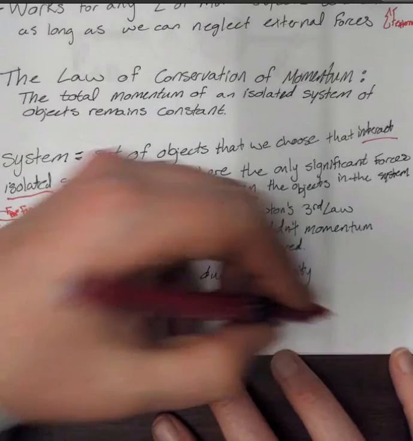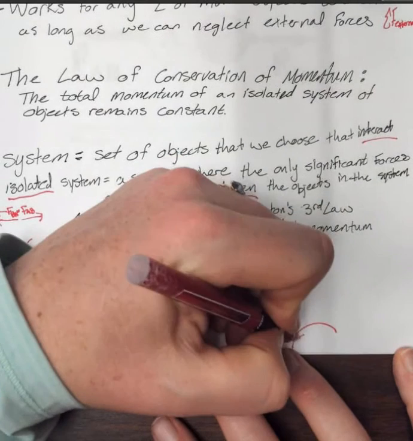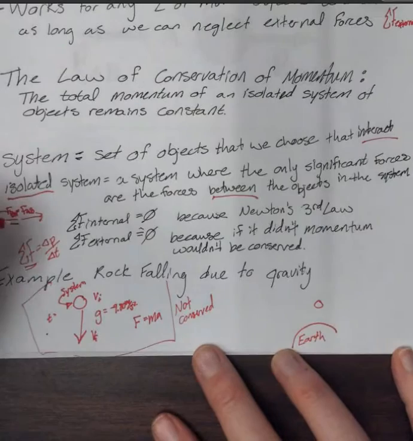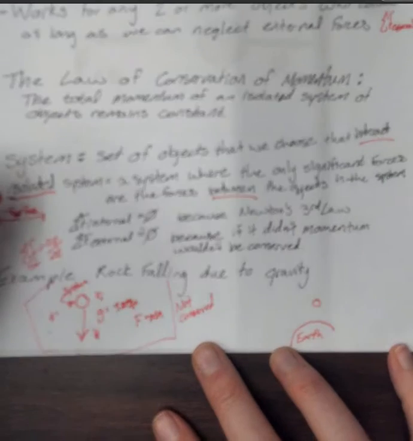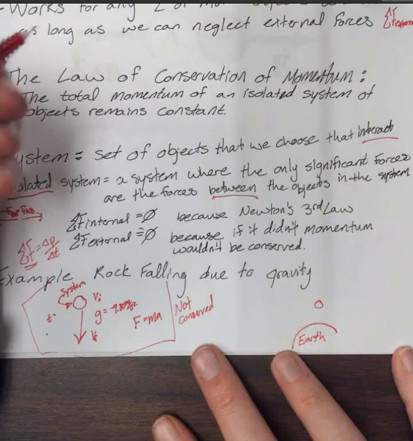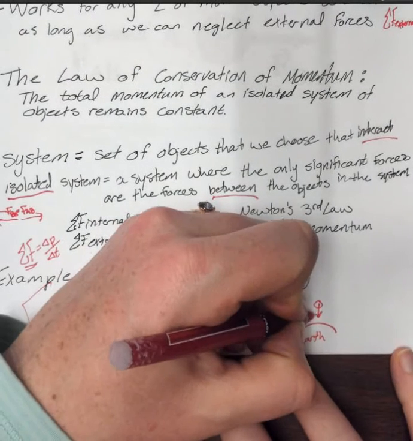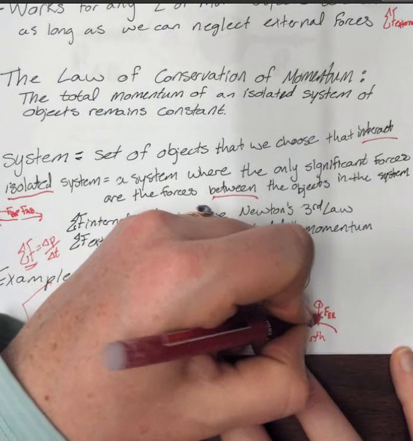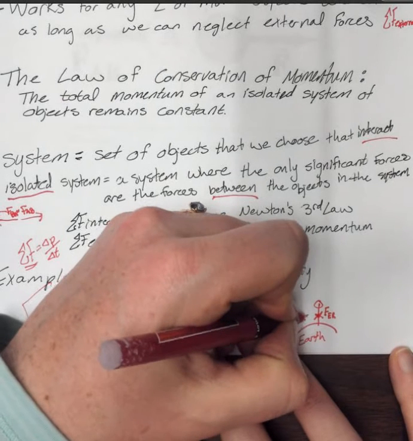However, if we consider our system to be the Earth and the rock, well, now we have a force pair. Here's the force of the Earth on the rock. Here's the force of the rock on the Earth.